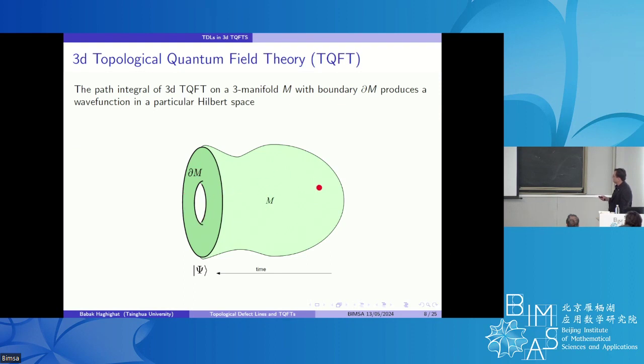So now the path integral will not produce a number, but because there is a boundary, it produces a vector in the Hilbert space. This is called the wave function. It will only depend on the topology because it's a topological quantum field theory. And depending on what quantum field theory you put on what three-manifolds with what boundary, you get a particular Hilbert space and a particular state there. Now, what you want to do is add some particles.